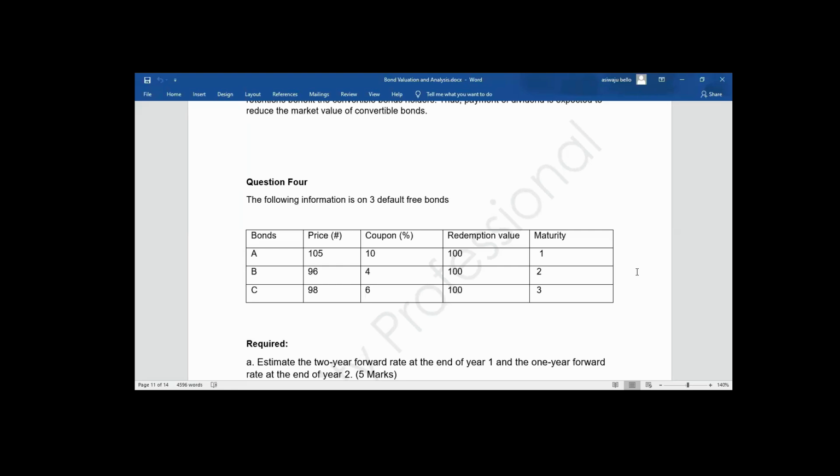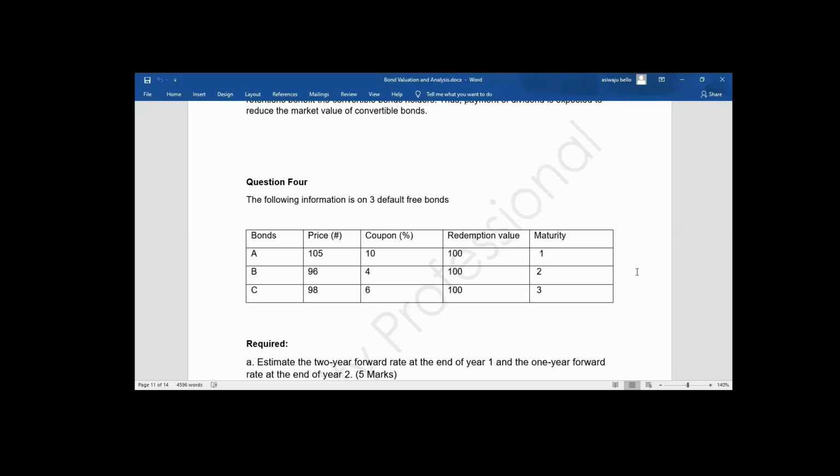You can now use these two variables to determine the spot rate. The spot rate is that interest rate that will make the issue price grow to become the future value of the bond. We have explained that.